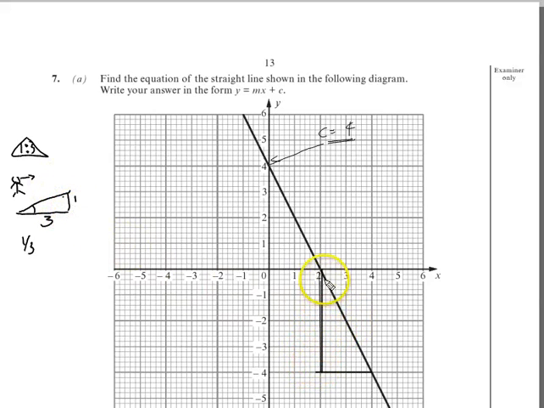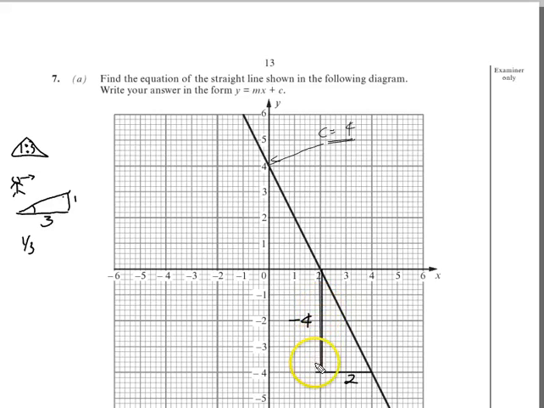So let's put this height in here first of all. Go down 4. So 4, and we go down 4, so it's minus. That's where the negative gradient comes in. And we go along how many units? 2, agreed? So remember this way round, the gradient was the height divided by the distance across.